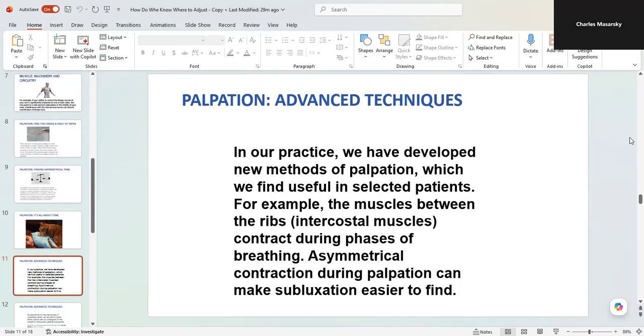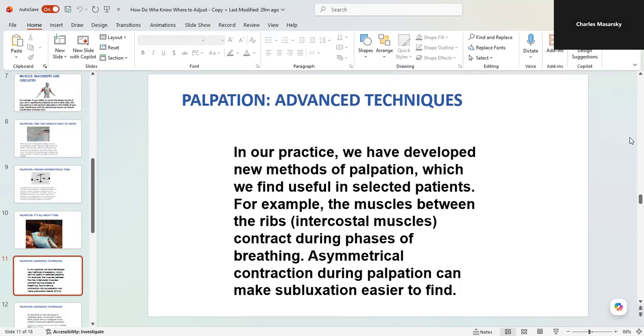In our practice, we have developed new methods of palpation, which we find useful in selected patients. For example, the muscles between the ribs, which are called intercostal muscles, contract during phases of respiration.